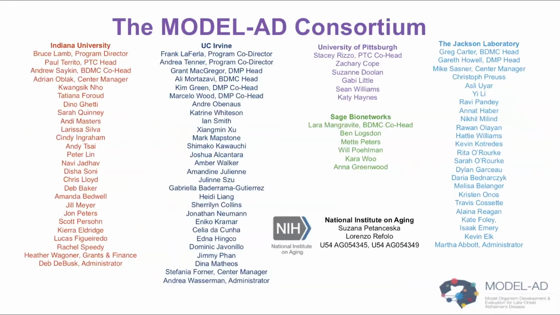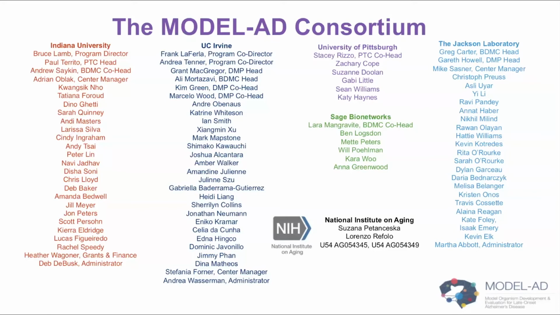It's a huge consortium, and I don't have time to name everybody here, but it essentially exists in multiple institutes, including Indiana University, University of California, Irvine, University of Pittsburgh, Sage Bionetworks, and of course the Jackson Laboratory. And I'll be acknowledging 1 or 2 people as we go through this. As I said, it's funded through the National Institute on Aging with our program officers, Susanna Pancheska and Larry Ruffolo.